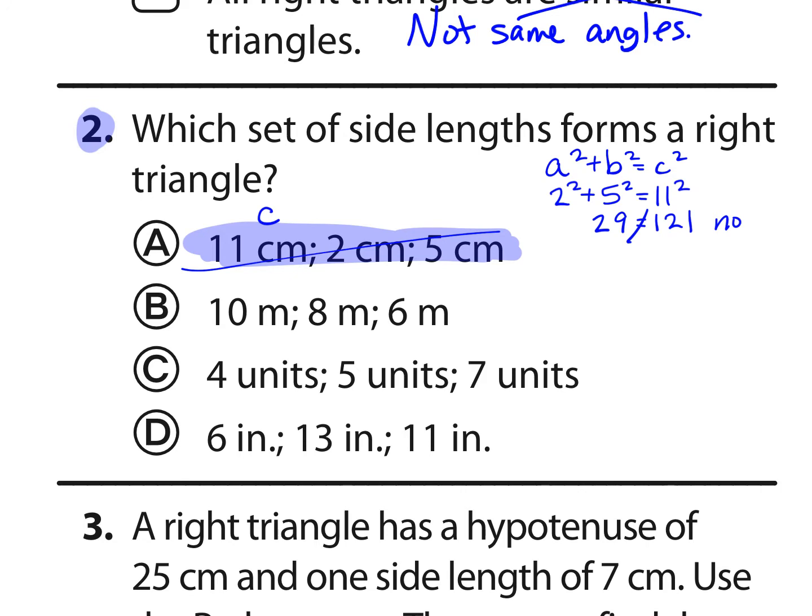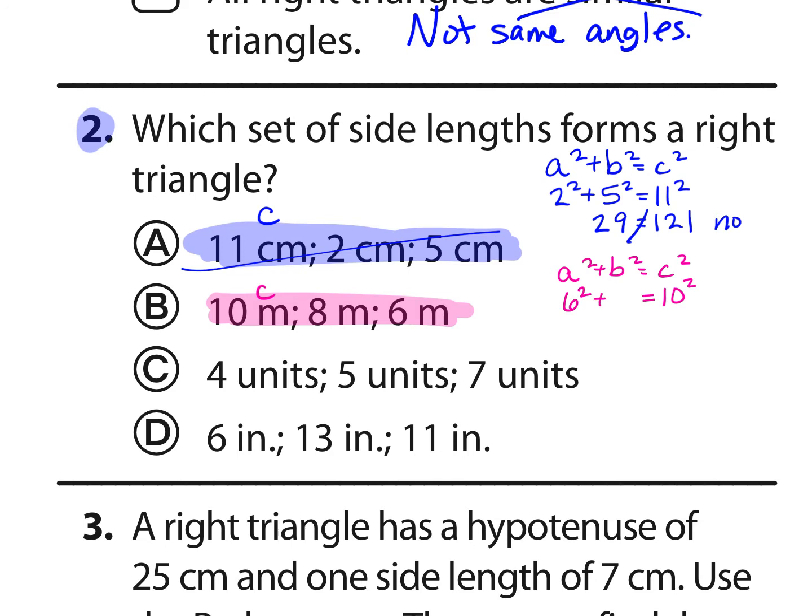Let's test out this next choice, B. Our longest side would have to be C, which in this case would have to be 10. And we'll plug in a squared plus b squared equals c squared. So C has to be 10. And we can plug in 6 and 8 in either order.